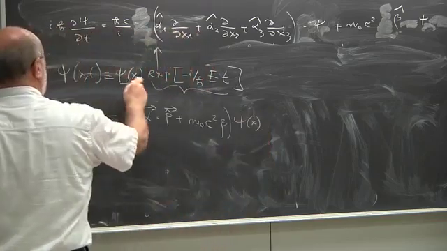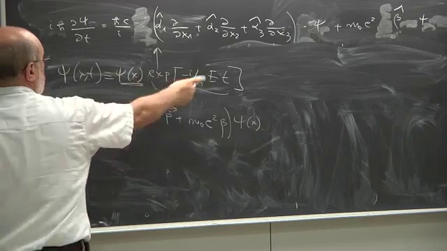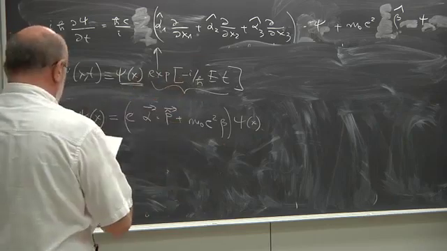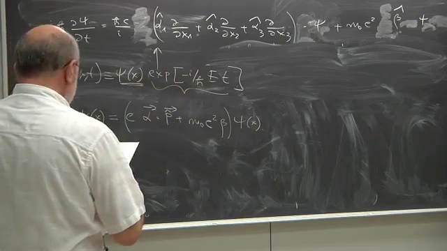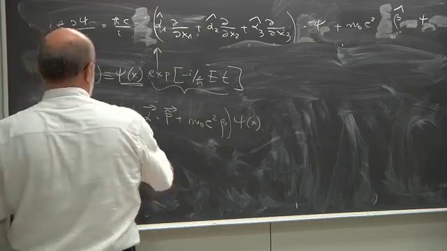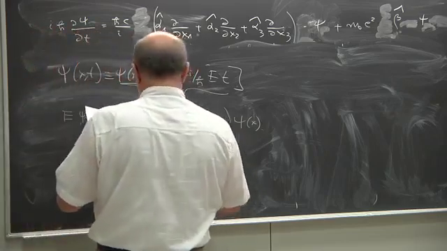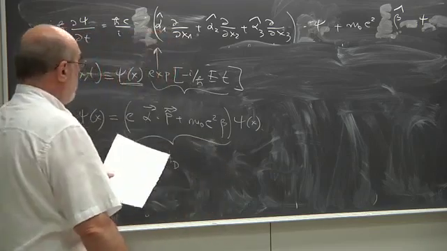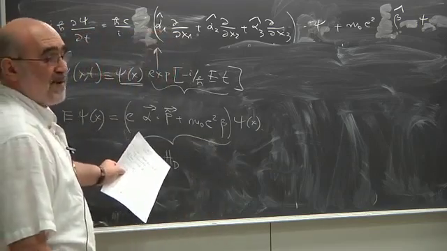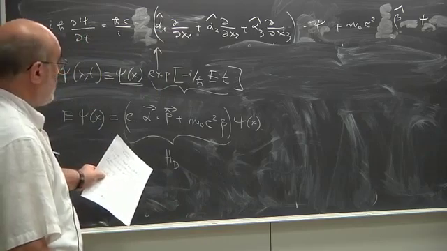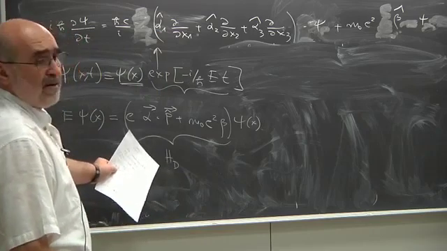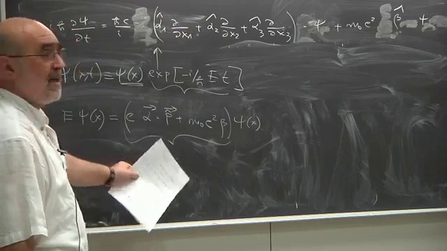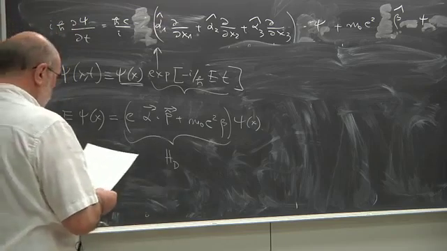Okay, so this psi of x is not the full wave function, it has no exponential, because the exponential drops. And if you look at it, this is actually the Dirac Hamiltonian. The reason he put an F in the book is it means free. I thought it meant fermions, but I don't like it, so I call it H Dirac. This is the Dirac Hamiltonian.